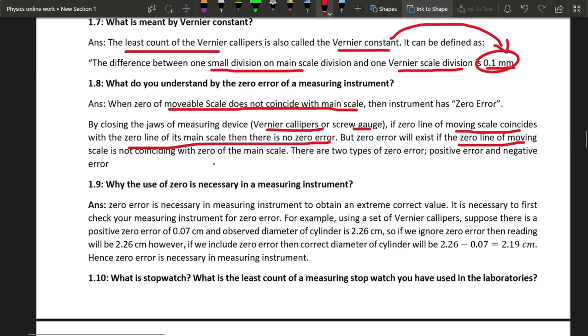There are two types of zero error: positive zero error and negative zero error. We already explained these errors in the screw gauge and Vernier caliper lectures. You can review these lectures for more detail.